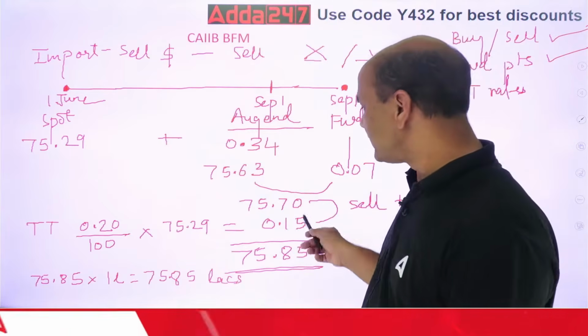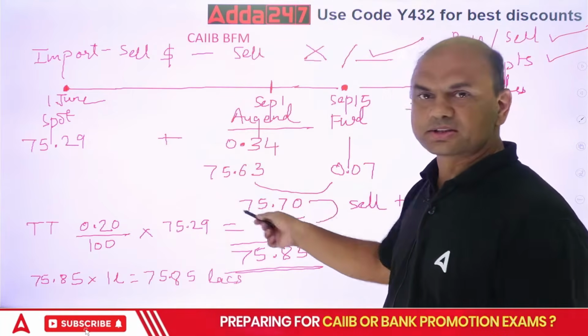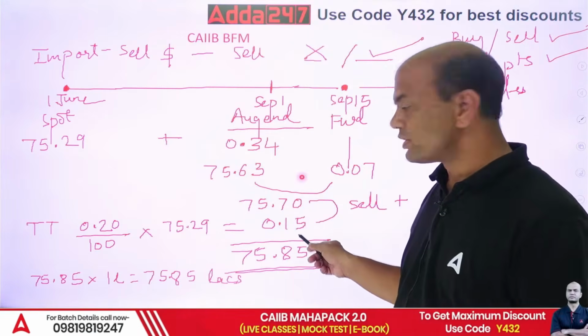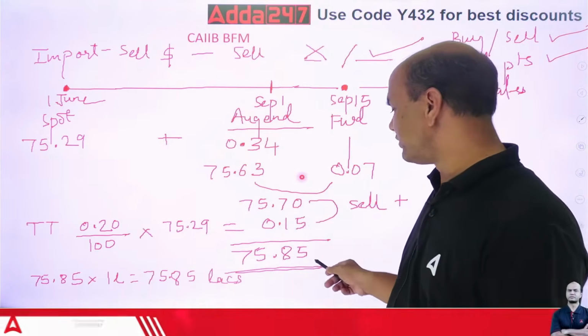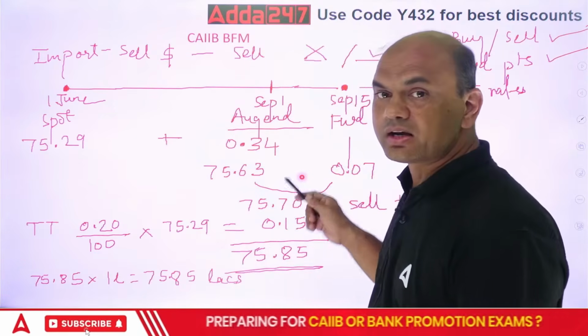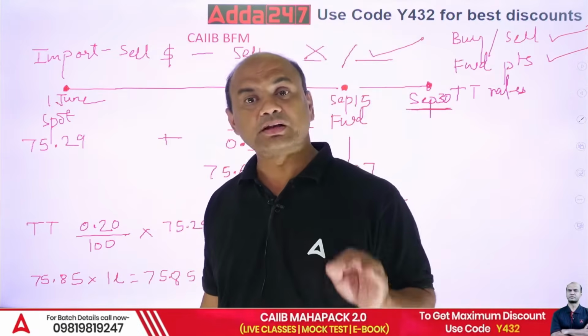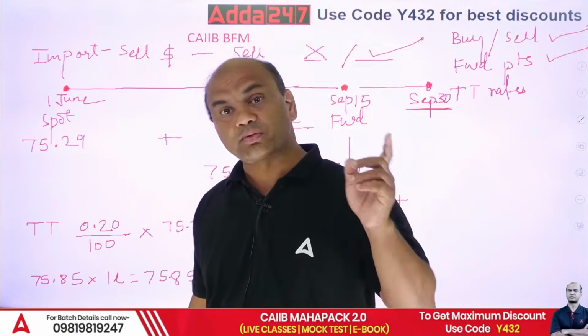Now add it: 75.70 plus 0.15 is 75.85. This much is the rate to be quoted to the customer for the import.